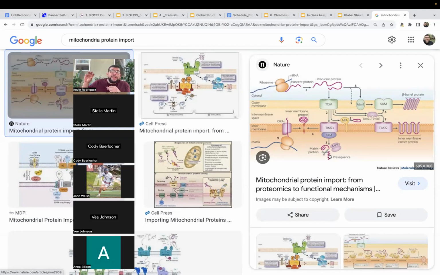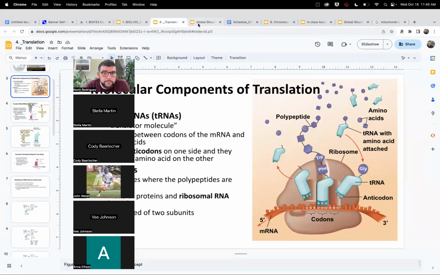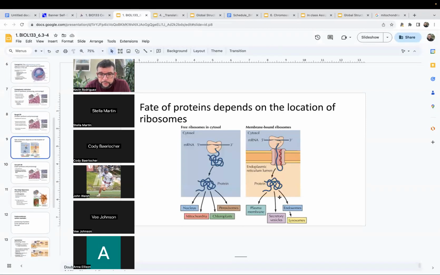At that point, the vesicle gets guided either to the plasma membrane to dump things out or to the lysosome to kind of start digesting things. And what's the other one? Yeah. So here, I remember it's nucleus, mitochondria, chloroplast will be the ones I care about. On this side, it'll be plasma membrane, secretory vesicles, and the endosomes.